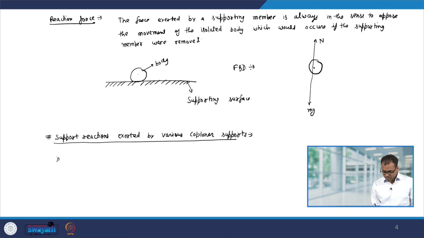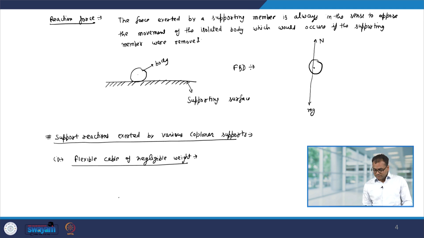So, the first one, let us say we have a flexible cable and which has negligible weight. So, let us say I have a body and this body is held by a cable. In this case, the tension will be away from the body.